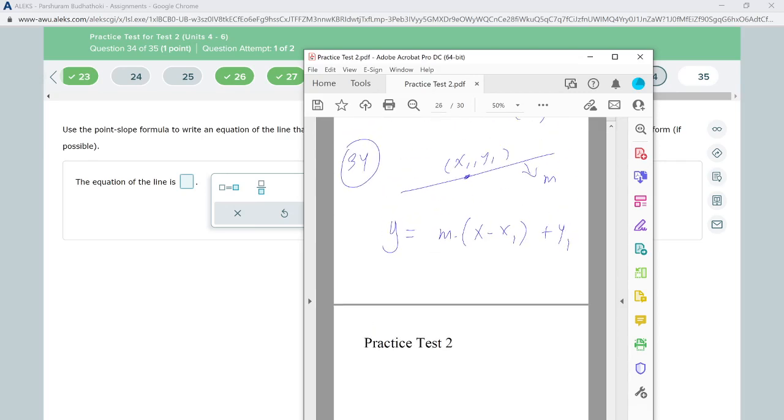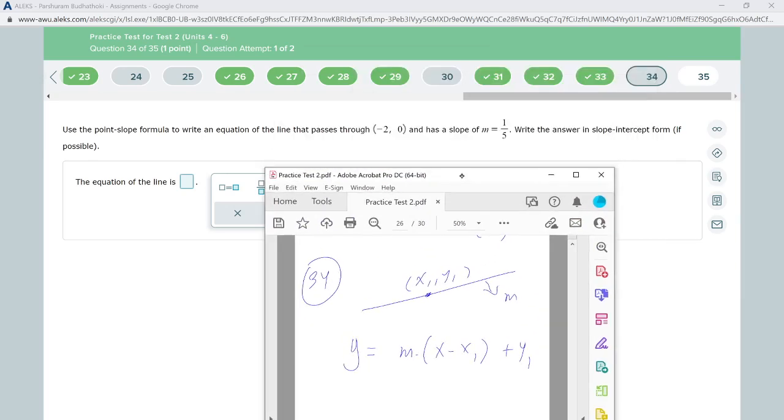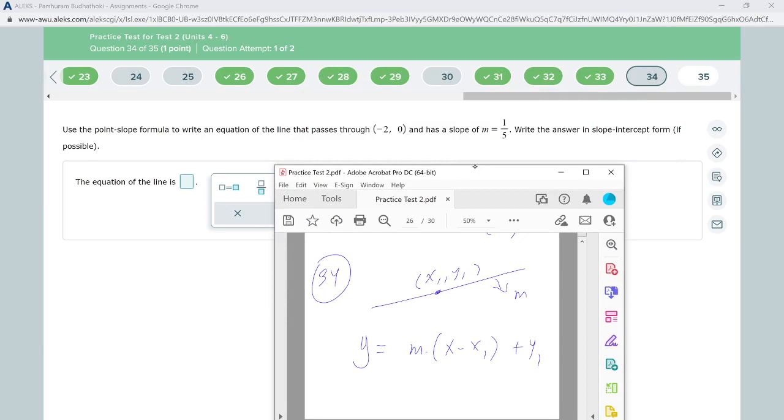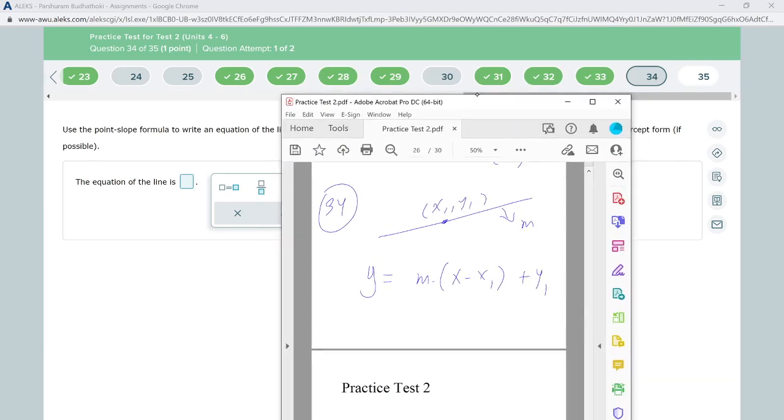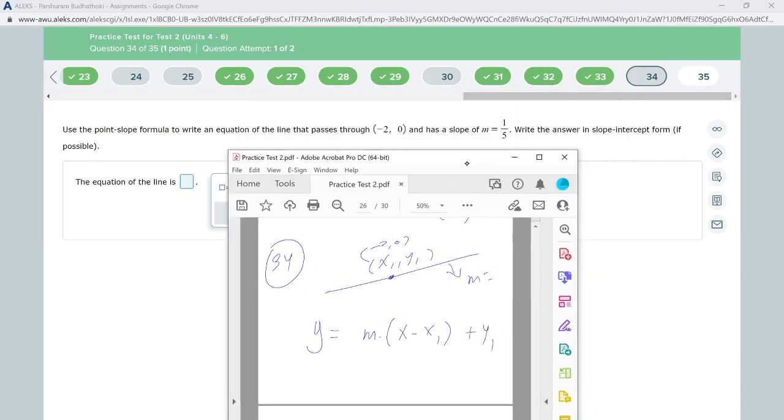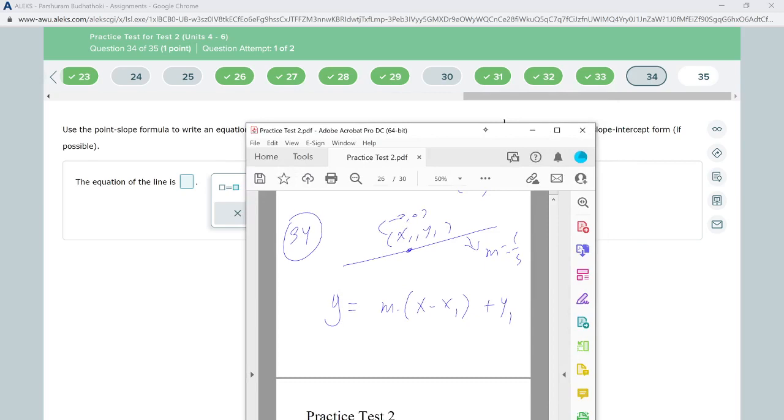In our case, the slope is given, which is 1/5. The point is given, (-2, 0). Slope is positive 1/5. So y = 1/5 (x minus x1), and x1 is -2, so this negative and this negative becomes +2. And y1 is 0, so you don't have to write that down.